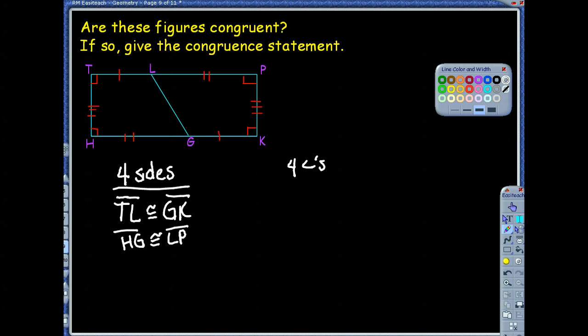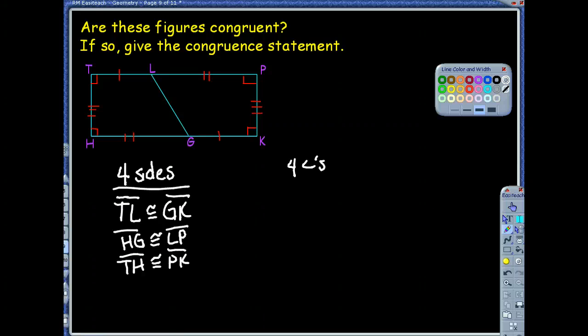And segment TH is congruent to segment PK. Now there's 3. I need 4. For the 4th, I'm noticing those 2 quadrilaterals share a side. They both have segment LG in both of those figures. So what does that mean? Can it be congruent to itself?